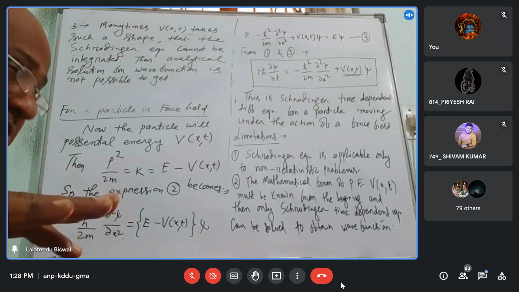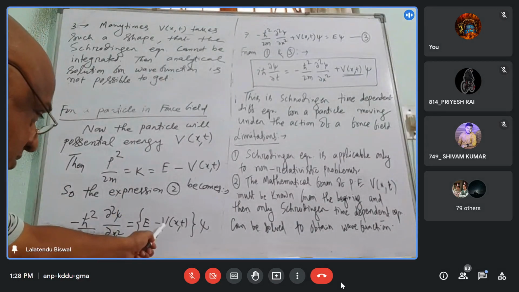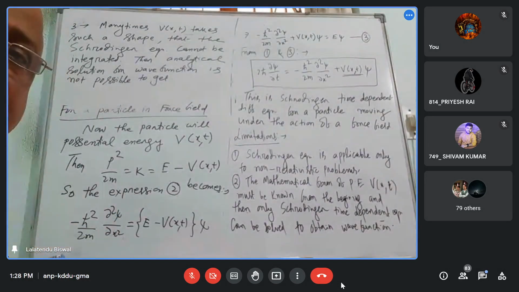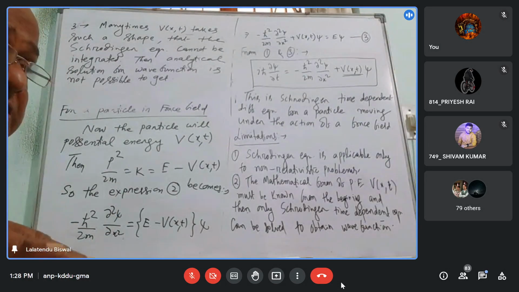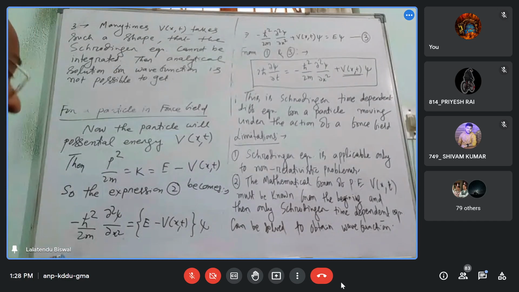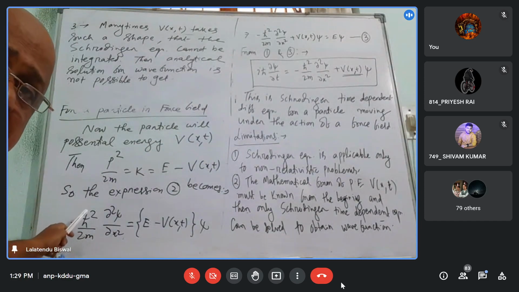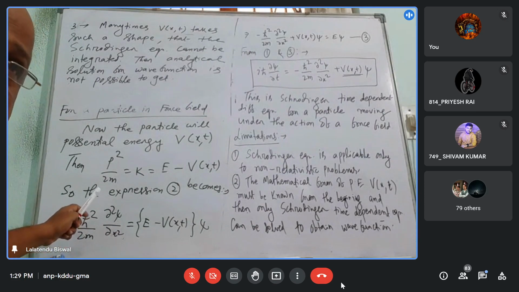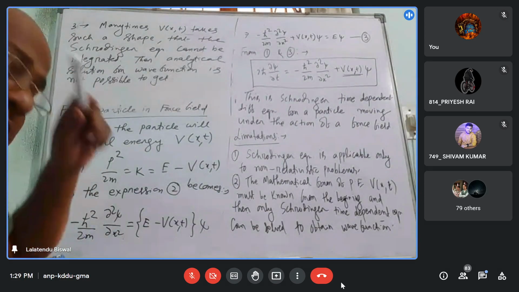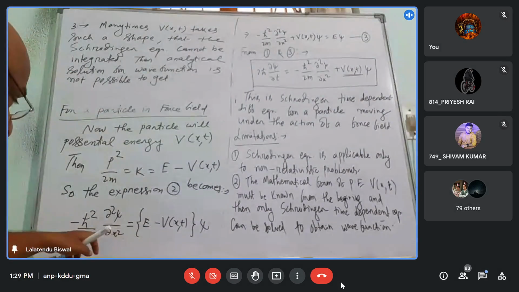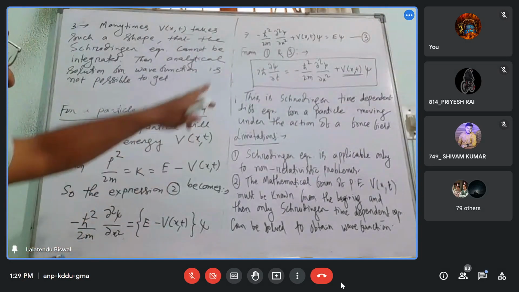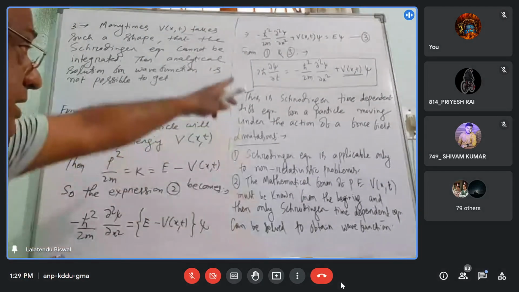There are many situations where the potential energy is not a function of time. In all those situations, you can use the partial separation of variable method. Because look at this particular equation, it is a second order partial differential equation.